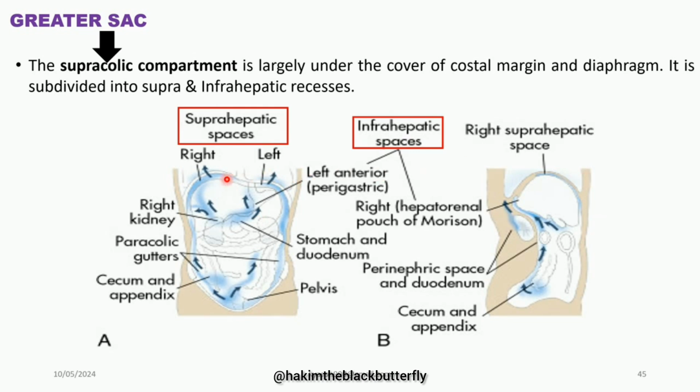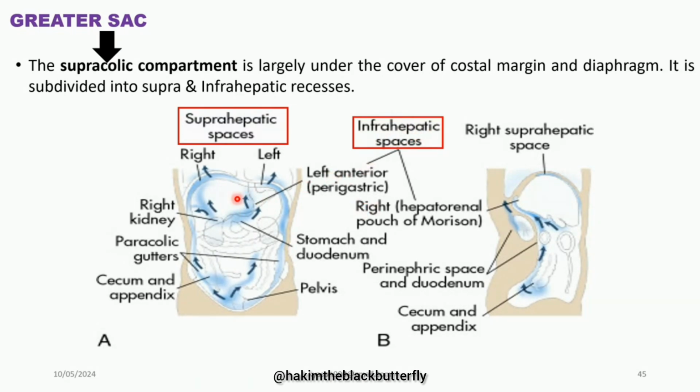So it's going to be made up of potential spaces. Up here on the right and on the left, we are seeing what we call suprahepatic spaces. Suprahepatic spaces above the liver. Okay, these are suprahepatic spaces on the right and on the left. Okay, then of course below the liver we have what we call infrahepatic spaces. So we have one on the right and one on the left.